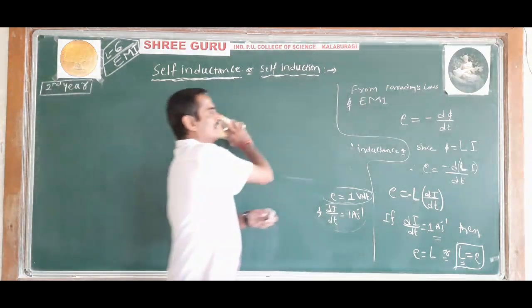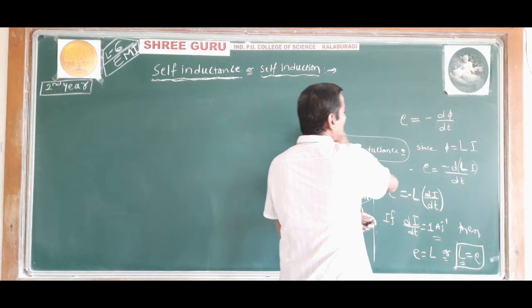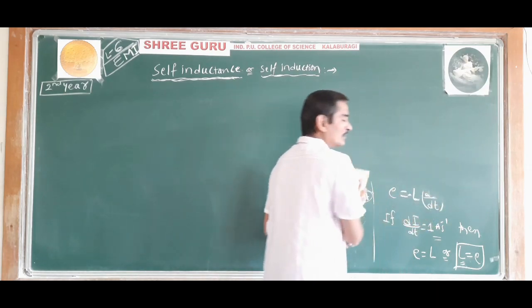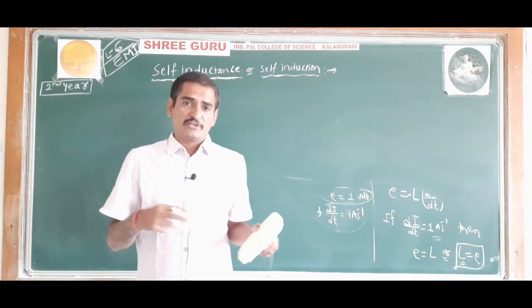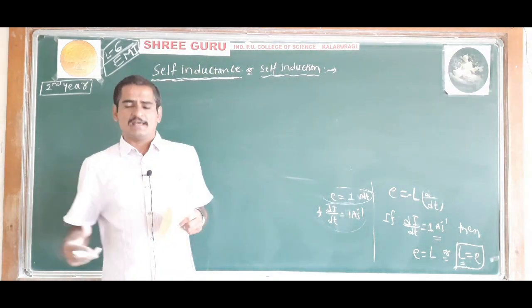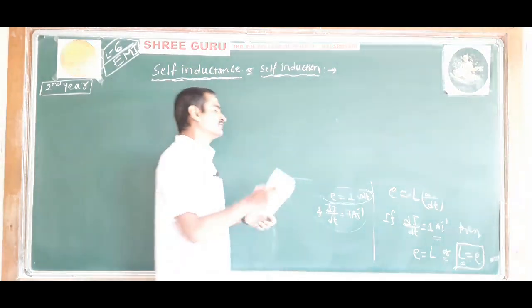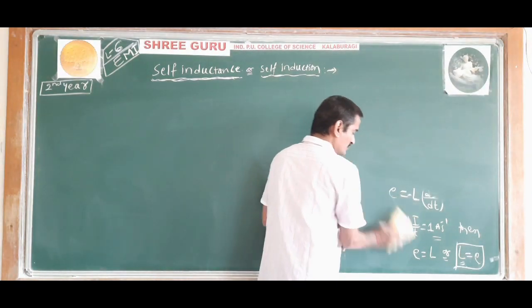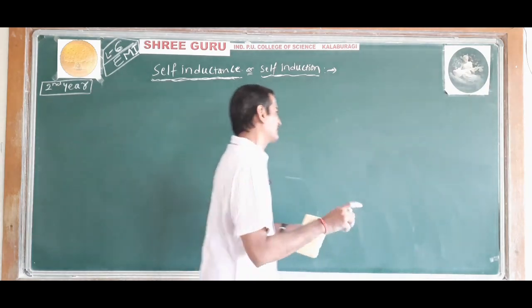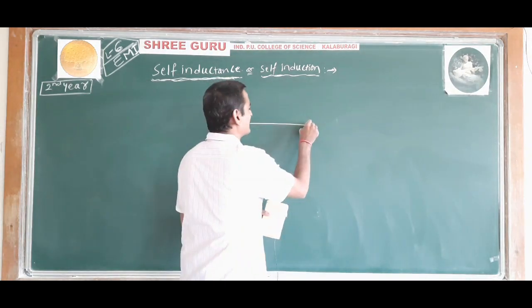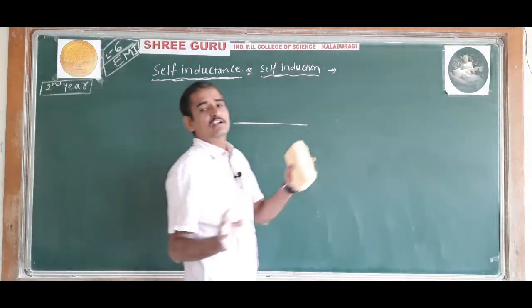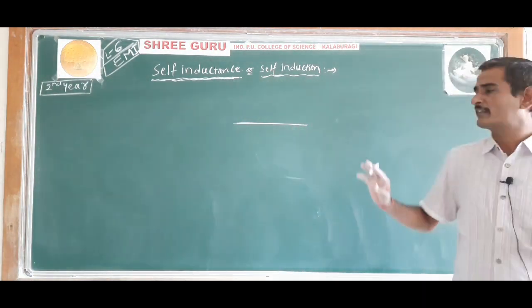Self-inductor is a device, an electrical component, and this electrical component is made by winding insulated wire. For example, a straight wire is not a self-inductor.